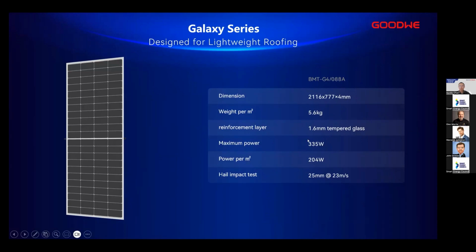It comes with 335 watt capacity. Thanks to its reinforced layer, 1.6 millimeter tempered glass on top of the panel, it's still hail-proof. It's very important for regions like Queensland, where hail is quite frequent.